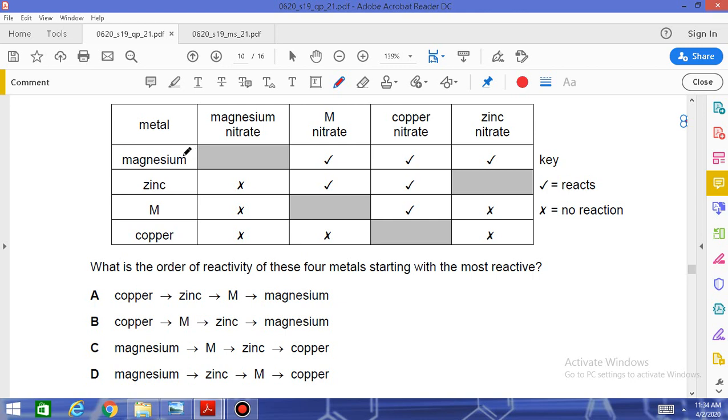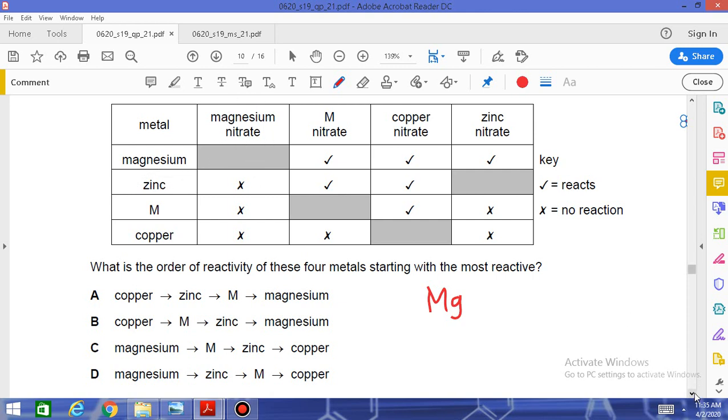In this case, magnesium can react with all substances. Magnesium can displace M, copper, and zinc from the solution. So we can say that magnesium is the most reactive metal. So magnesium is toppest, okay? While zinc cannot displace magnesium.